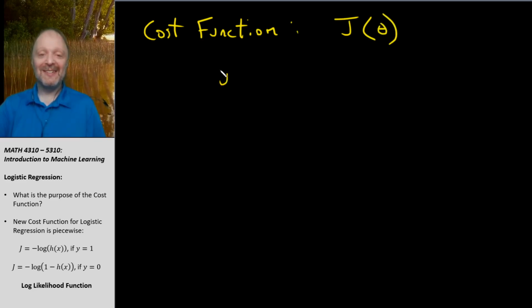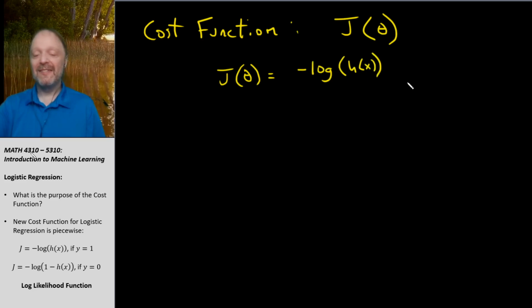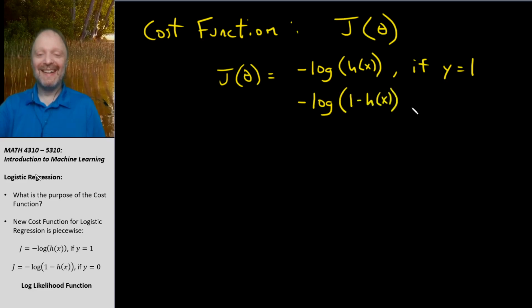So J of theta is equal to negative log of h of x if y is 1, and negative log of 1 minus h of x if y is 0.